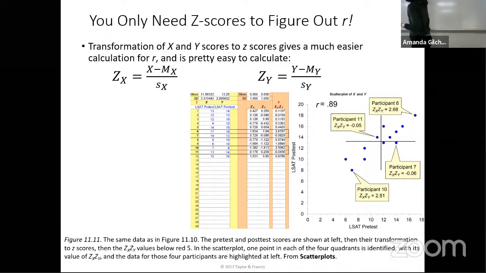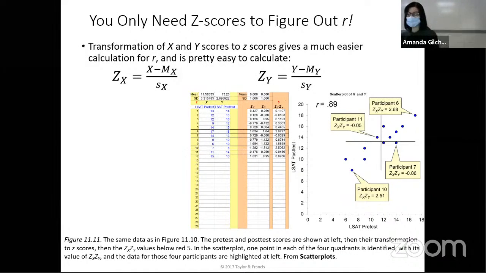Z of x is that person's x coordinate minus the mean for x, divided by the standard deviation for x. The z of y equals y, that person's y coordinate, minus the mean of y over the standard deviation of y. So it is math, but it's hopefully not that scary. Nobody has to take a derivative or anything like that.